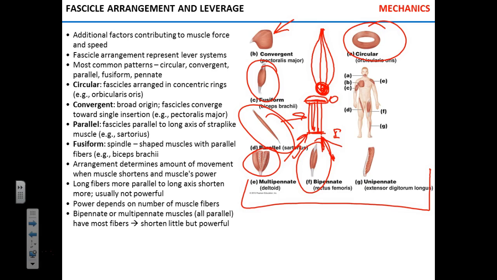And unipennate: extensor muscles, extensor digitorum. They attach to the tendons. Multipennate muscles especially produce very powerful movements because they have many short fibers.